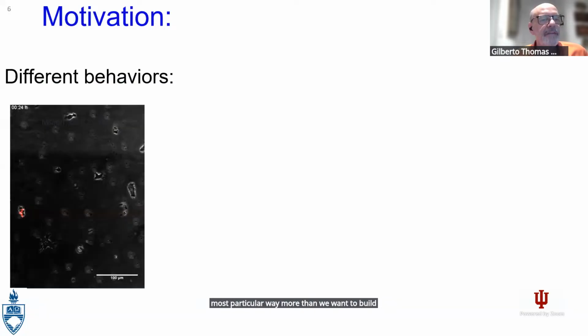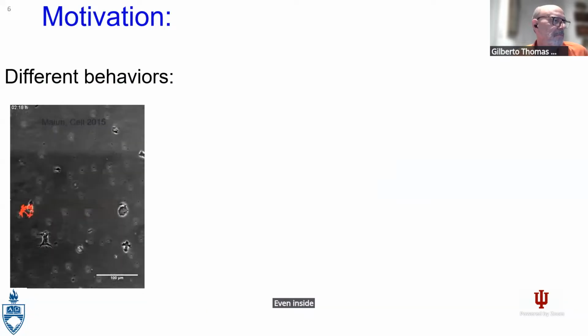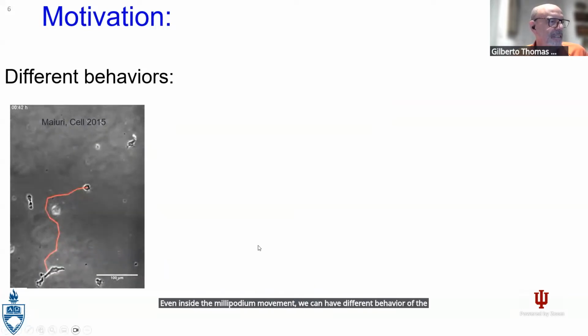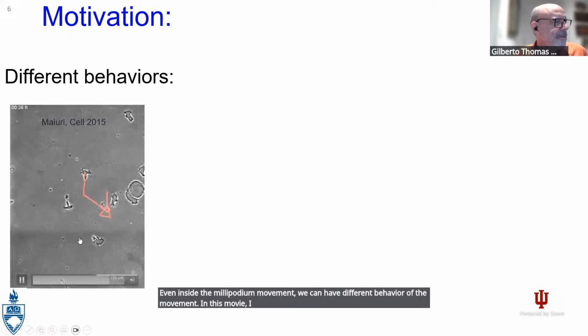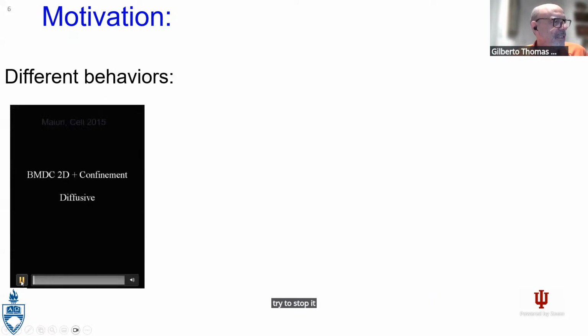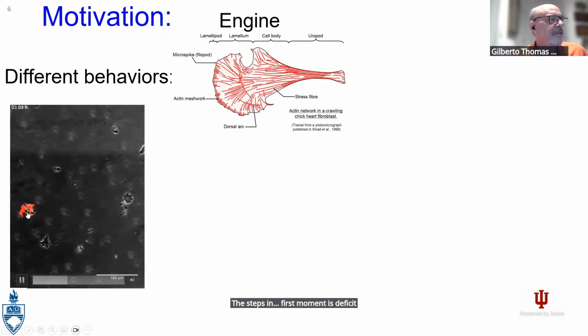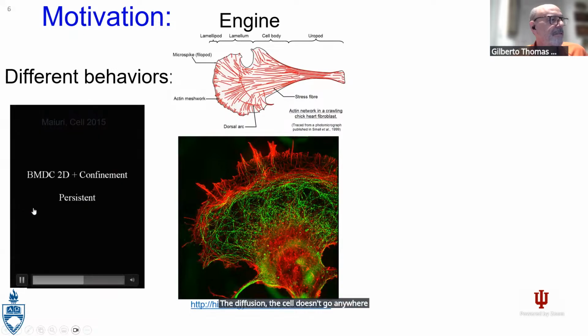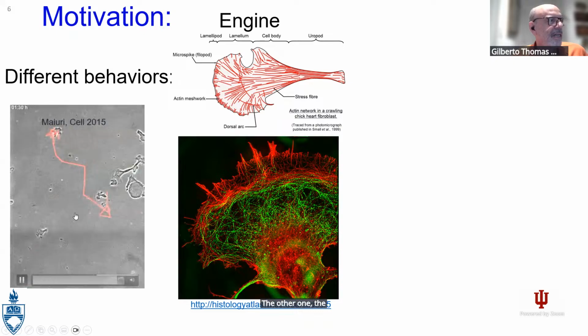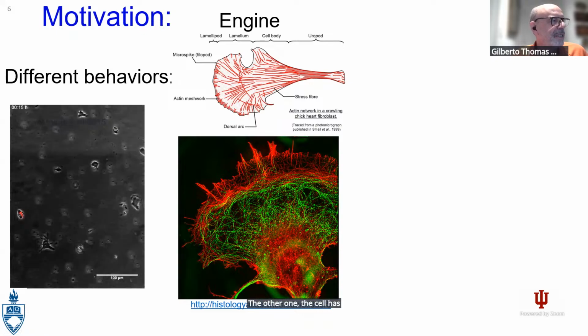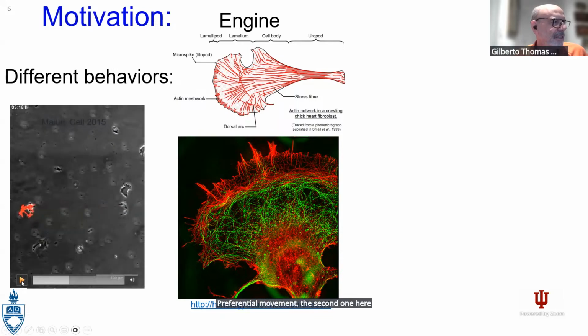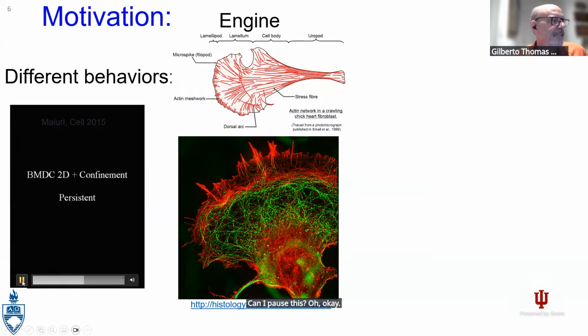Even inside lamellipodial movement, we can have different movement behaviors. In this movie, I'm going to try to stop it in steps. The first movement is diffusive: the cell doesn't go anywhere, it just plays around. In the second one, the cell has a preferential movement. See, this is diffusion.